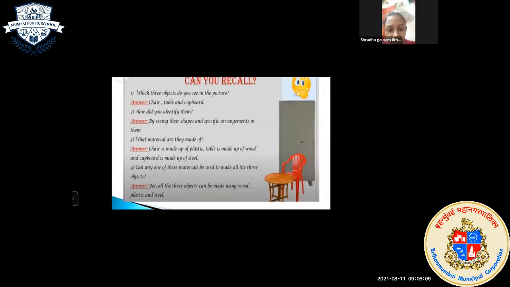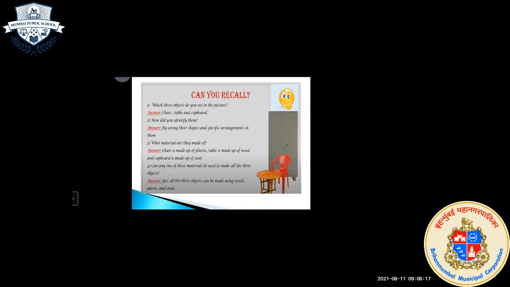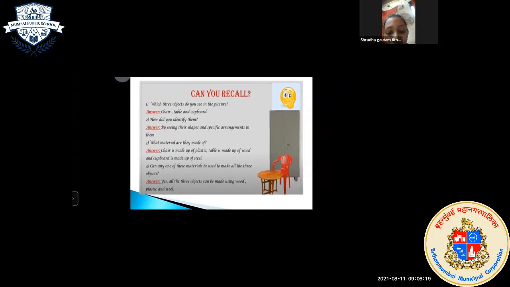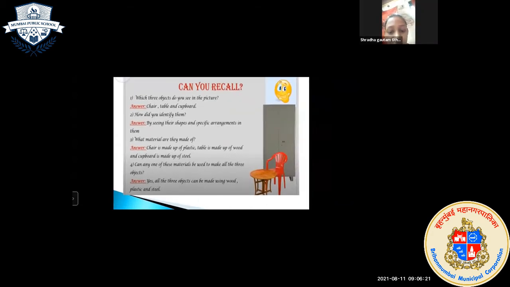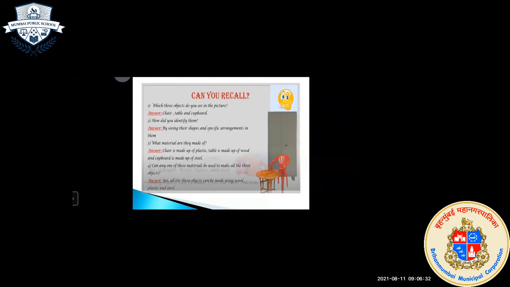Answer by seeing their shapes and specific arrangements.